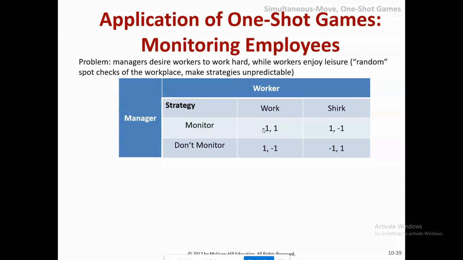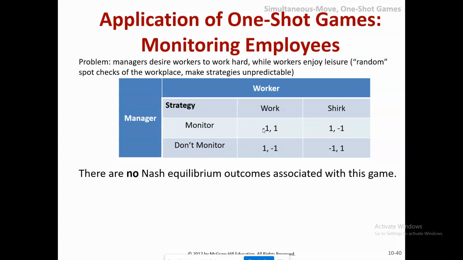In contrast, if the manager monitors while the worker shirks, the manager wins 1 and the worker gets caught and loses 1. Similarly, if the worker works and the manager does not monitor, the manager wins 1 and the worker loses 1. Those hypothetical numbers are consistent with the relative payoffs that are in real situations.